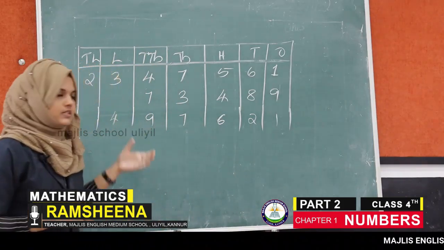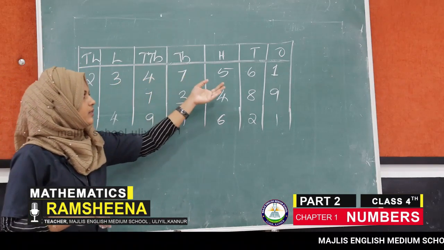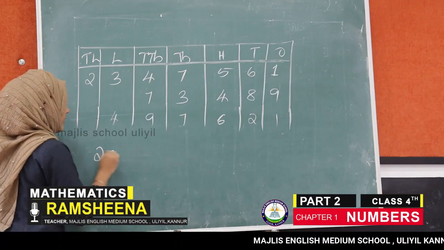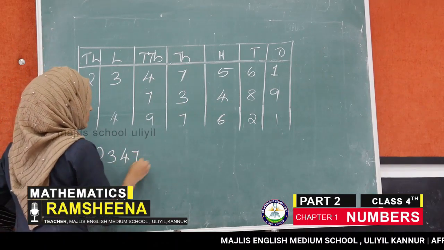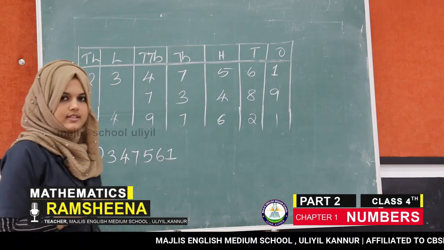Look at this place value chart. First number, 23,47,561. Okay, this is the number.